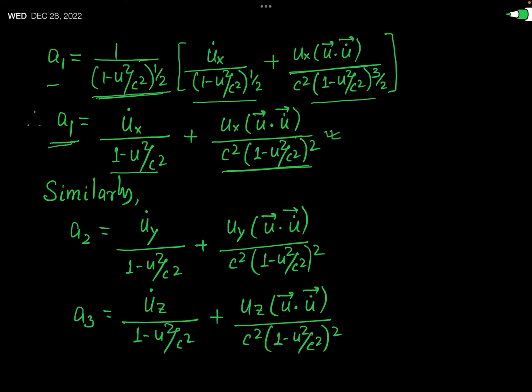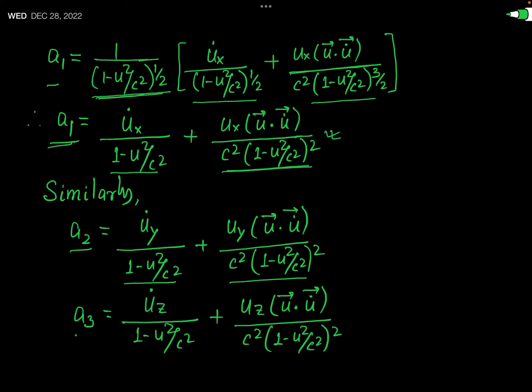Instead of a1, we will now write a2. Instead of x, we will write y. So our expression will be a2 equal to uy dot over 1 minus u square by c square plus uy times u vector dot u dot vector over this much.